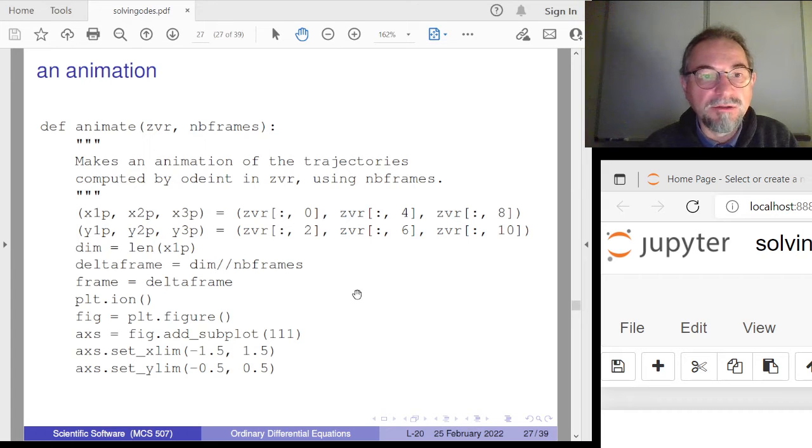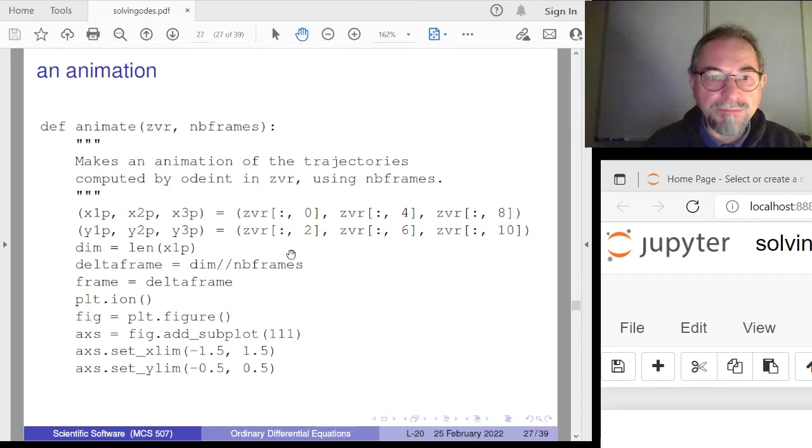What is computed by ODEInt, we will take a selection of this, a selection of the positions of the three bodies, so the x coordinates and the y coordinates. Here they are selected in their entirety. I did some relabeling. So the x coordinates of the three bodies, the y coordinates of the three bodies.